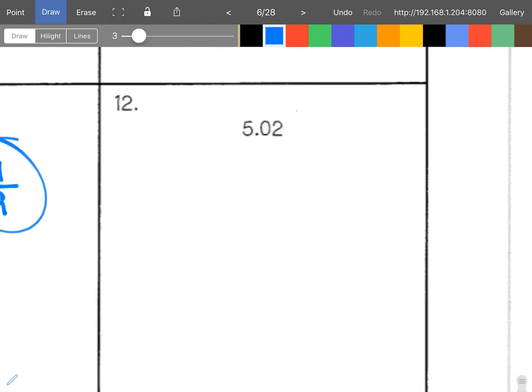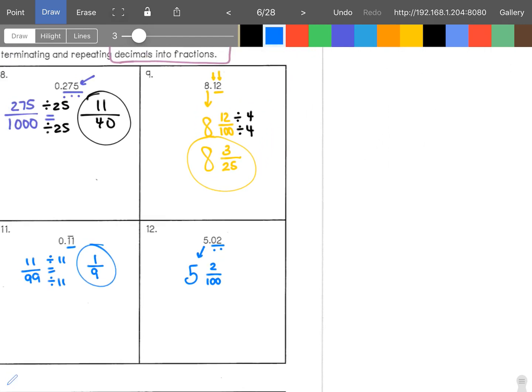Okay, and number 12. So this one, remember, we're still going to have this whole number, so we're just going to leave him here. And then we've got 0.02, which is just the number 2 over... that's 2 digits, so it's going to be out to the hundredths place. Hold on a second, let me check something.